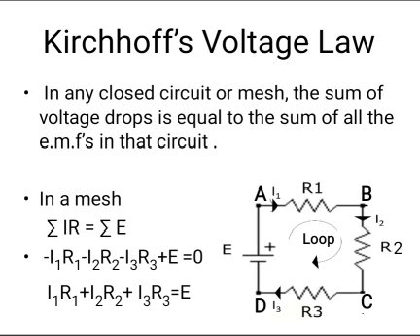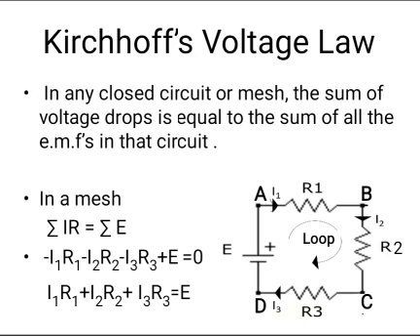I am starting from A, with I1 into R1. The voltage drop across R1 is I1 into R1, which is a fall in potential, and the fall in potential in a resistor is taken as negative.